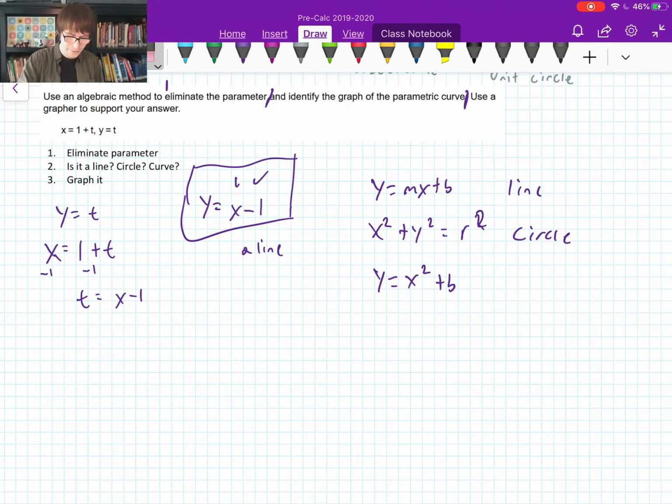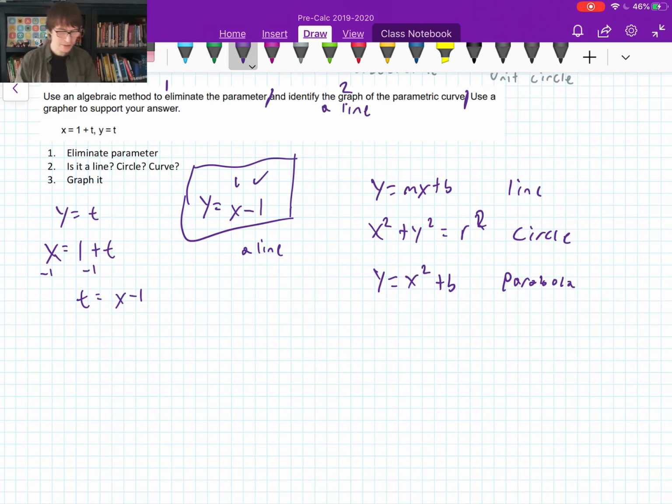Remember the 7 basic functions. Those will help you. Those are other different things that this graph could be. But for now, it looks like it's not a parabola. It looks like it's just a line because it falls in the y equals mx plus b kind of form. So we'll say this is step 2. We'll say this is a line.